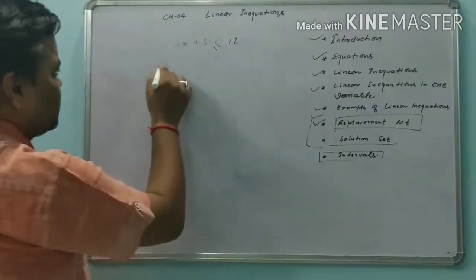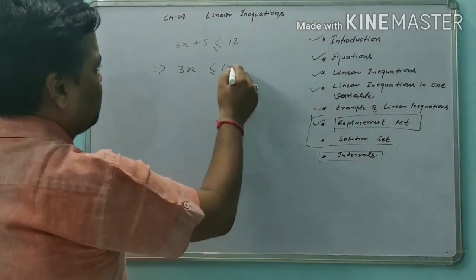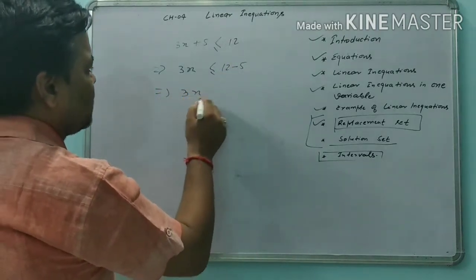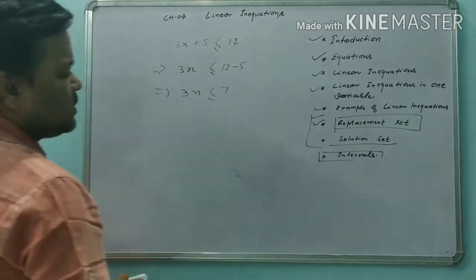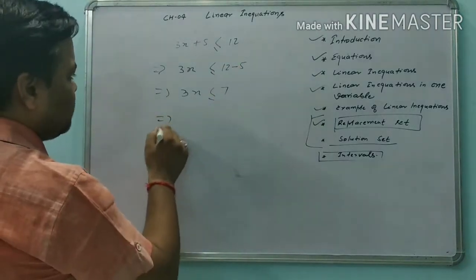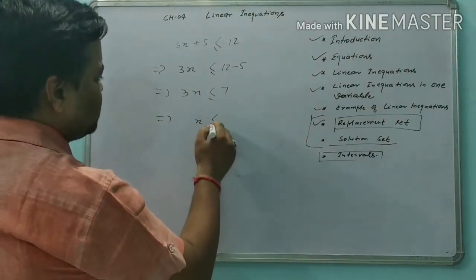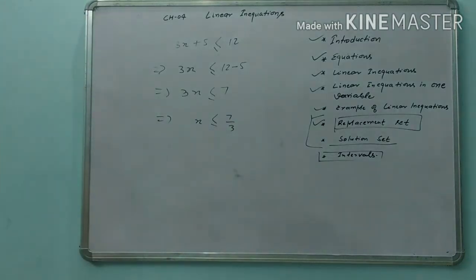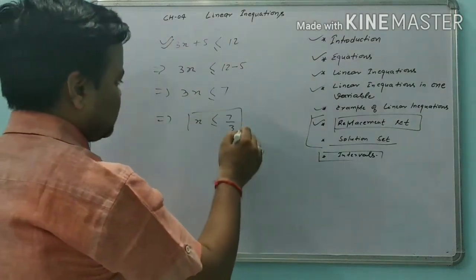Then this implies that 3x is less than or equal to 12 minus 5. This implies that 3x is less than or equal to 7. This implies that x is less than or equal to 7 by 3. Okay, this is the question, and after solving we find this.